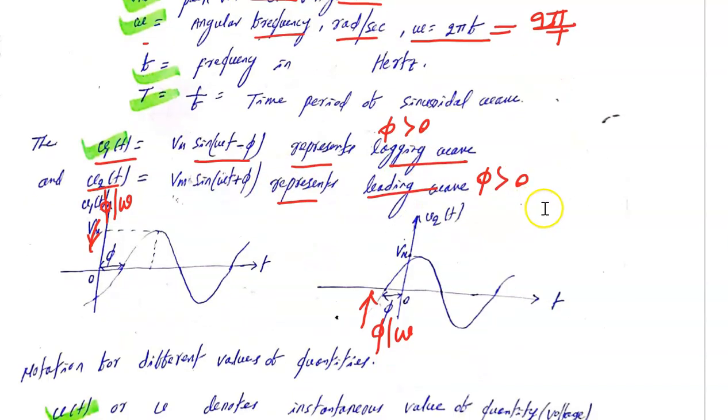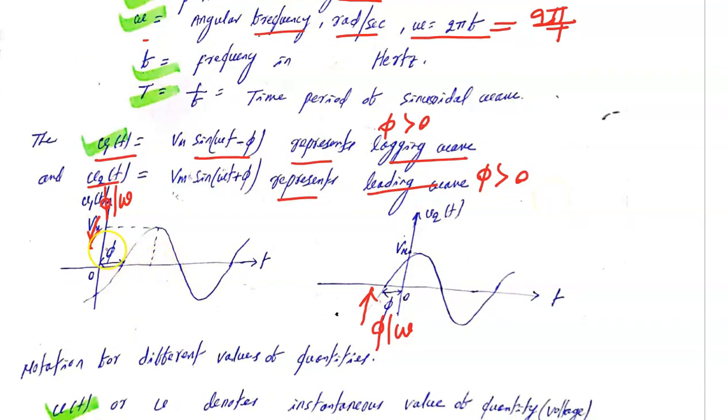How to represent the leading and lagging? See here, the first one, v1(t), is the lagging. The wave is starting later than your v(t), which starts at the 0 reference.